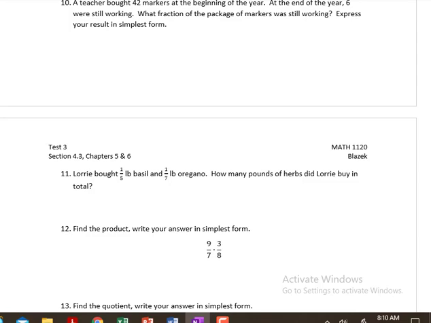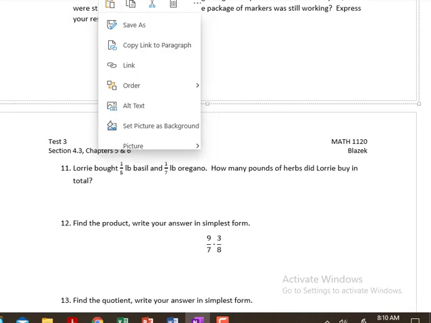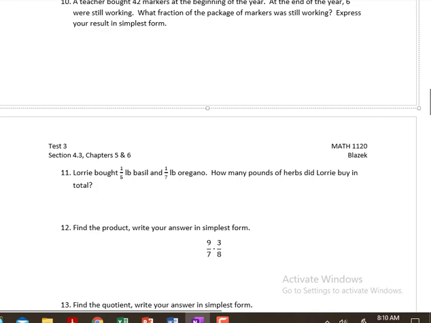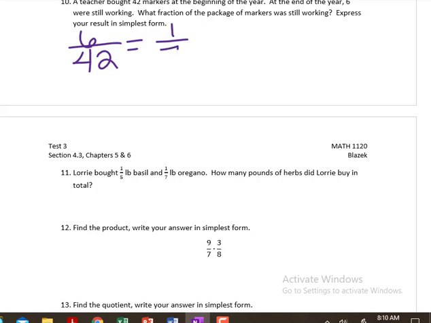Well, there were 6 markers left at the end of the year, and there were 42 to begin. Both 6 and 42 have a common factor of 6, so I will reduce that to 1/7. So 1/7 of the markers were still working.